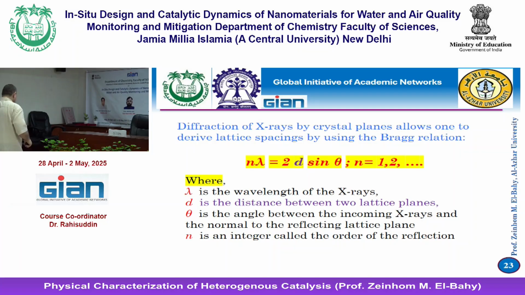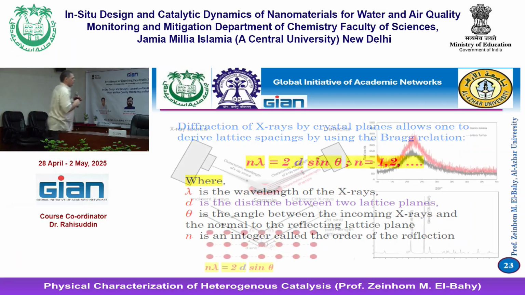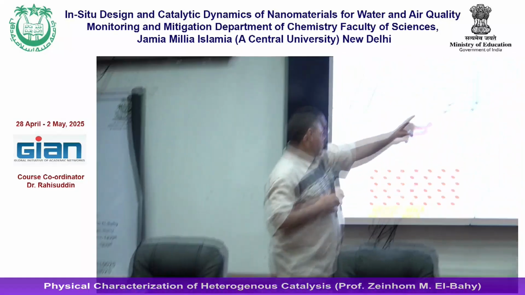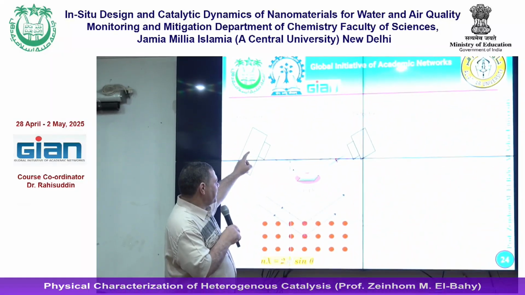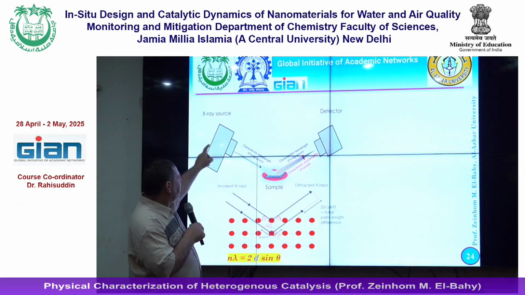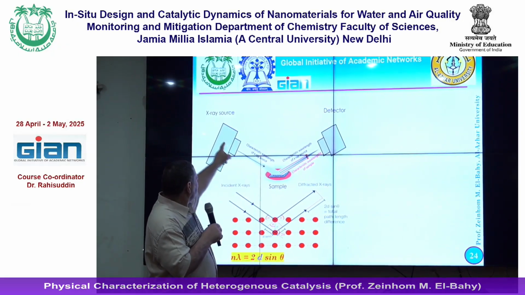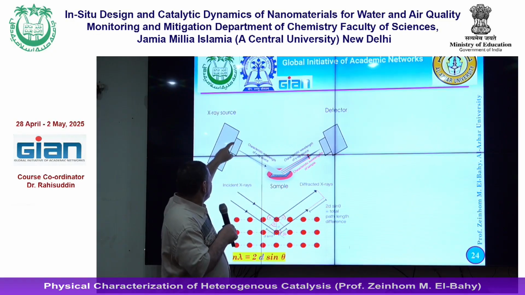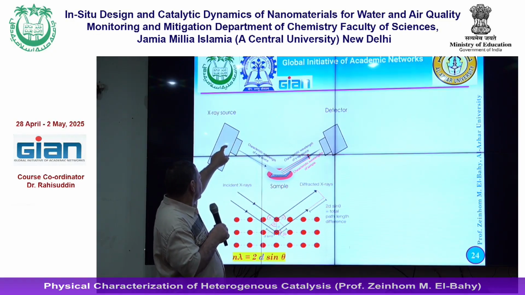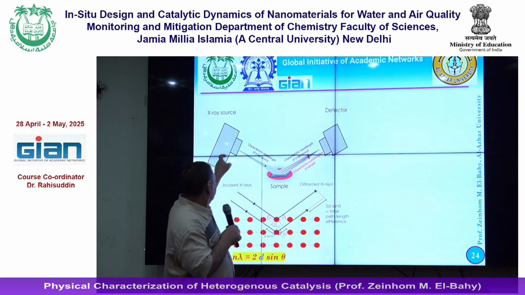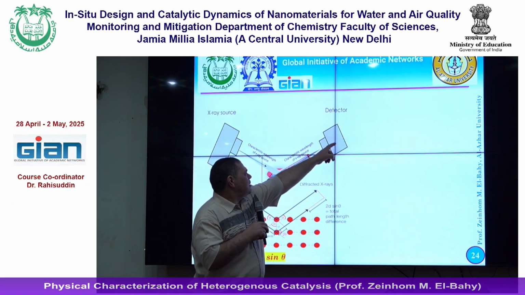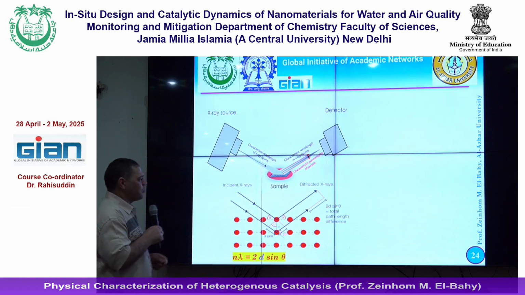This is the first layer. Of course, this is what we mentioned in previous studies. This is the source. It goes to the sample, and of course there is rotation. This rotates like this, and the beam is reflected to the detector here.